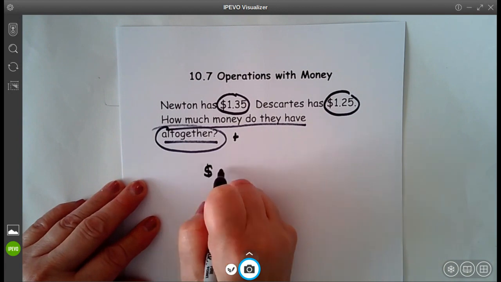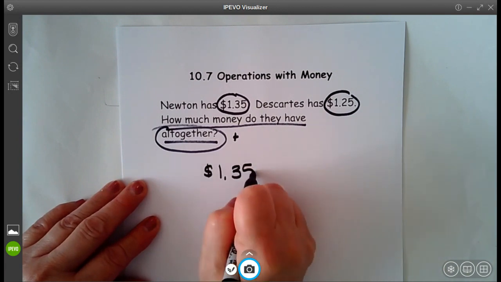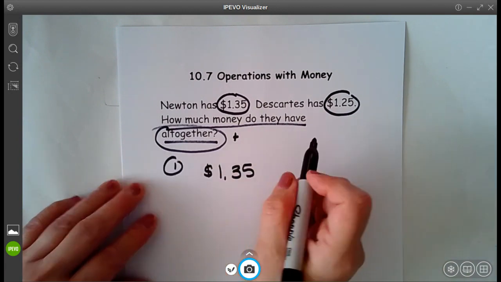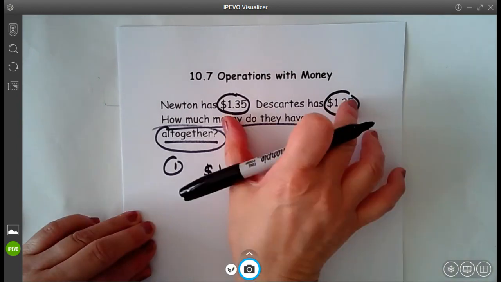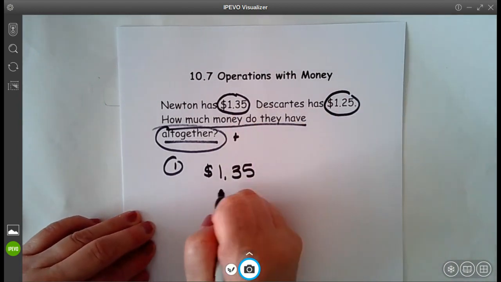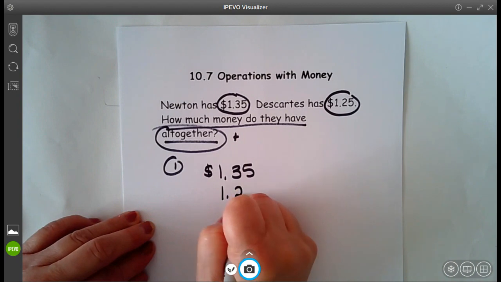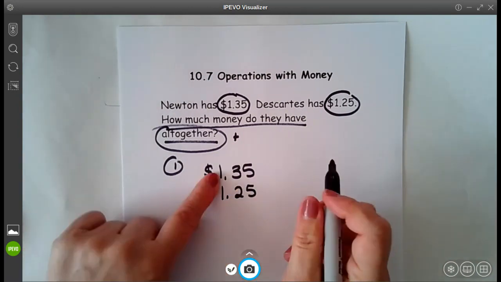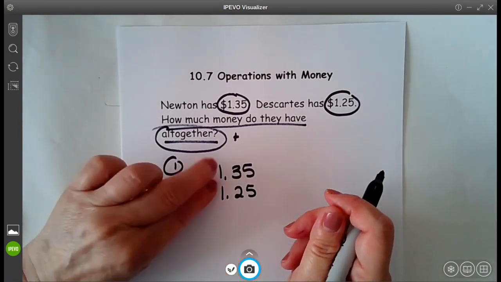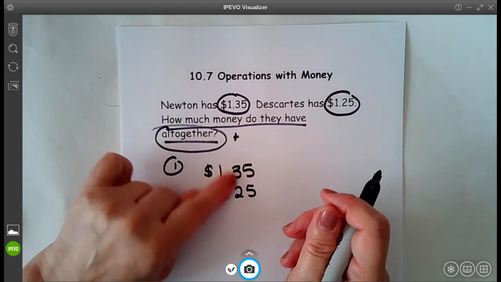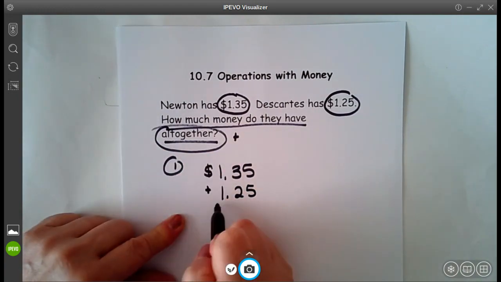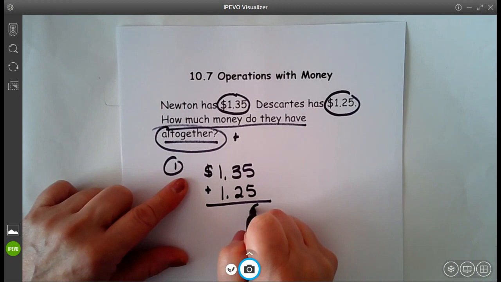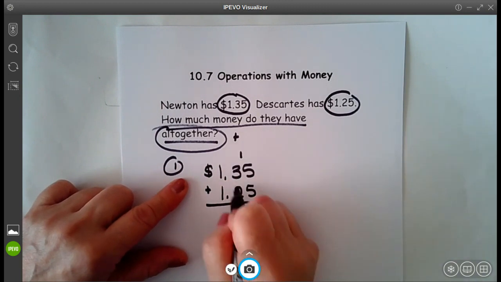Okay, so $1.35. The first way to do it is to just rewrite these money amounts vertically, stack them, and make sure that your places are all lined up, ones, decimals, tenths, hundredths. Add them up this way. Don't forget your dollar sign. 10, 4, 6.